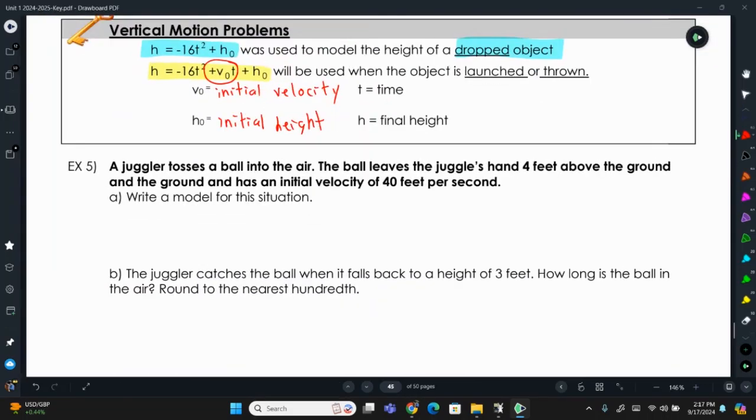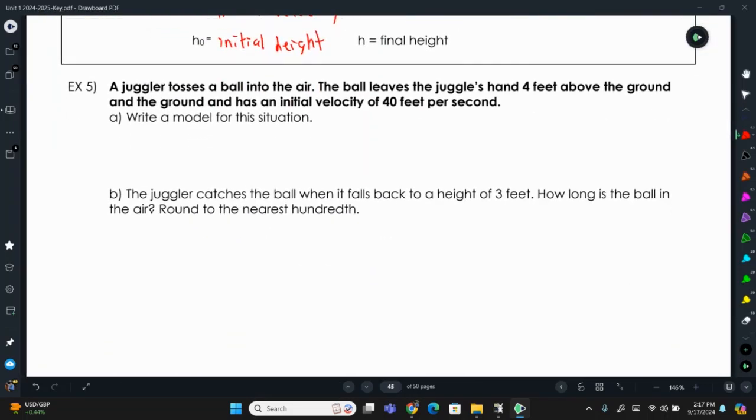So example 5, it says a juggler tosses a ball into the air. The ball leaves the juggler's hand 4 feet above the ground, so that is our h naught, and has an initial velocity of 40 meters per second. This is v naught. Write a model for this situation.